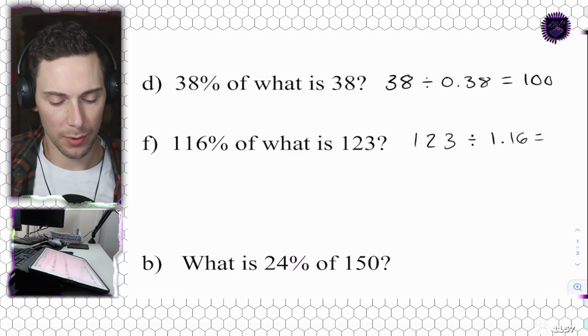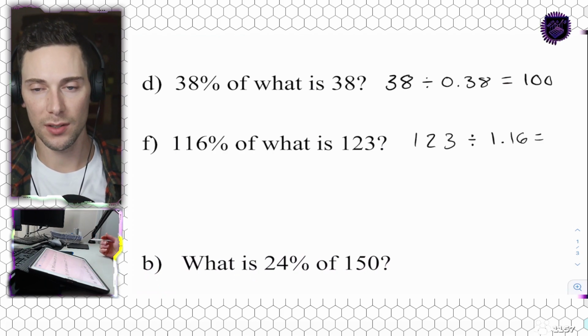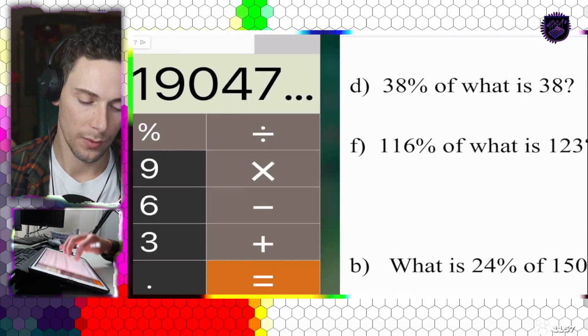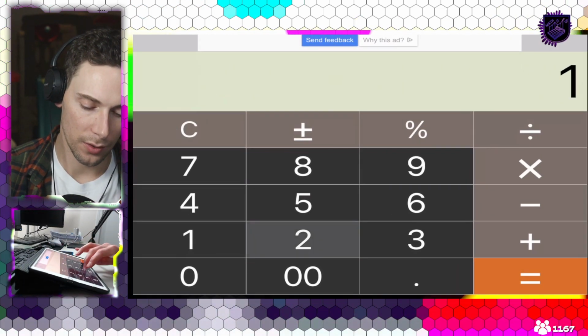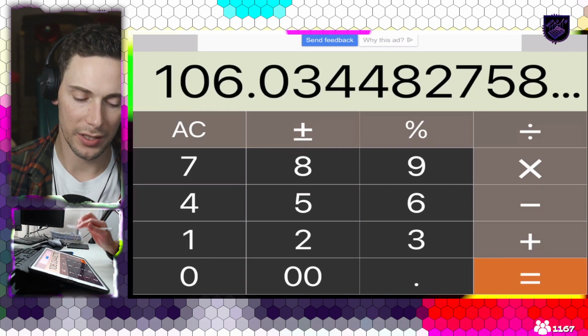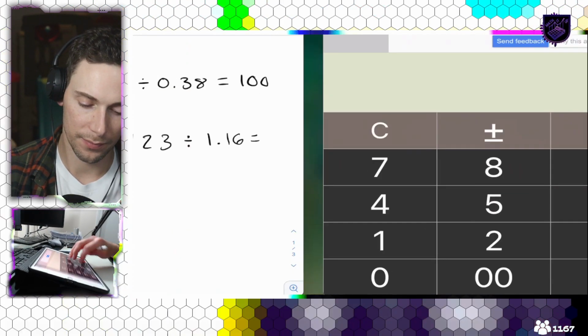So again, move the decimal over 2, and it's going to give us a whole number plus 16 hundredths. So we're going to get a number less than the initial number, which makes sense. 123 divided by 1.16 equals 106 and 3 hundredths. So 106.